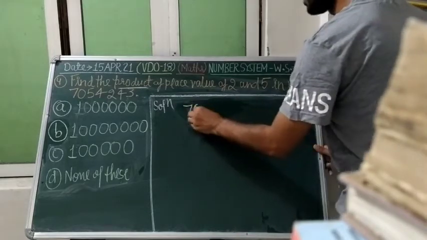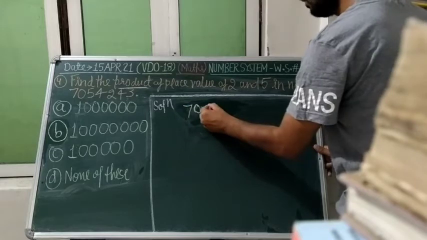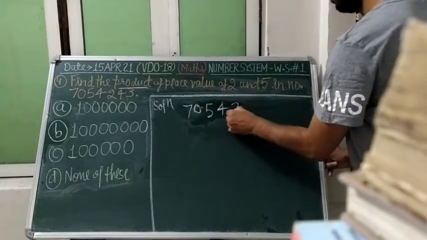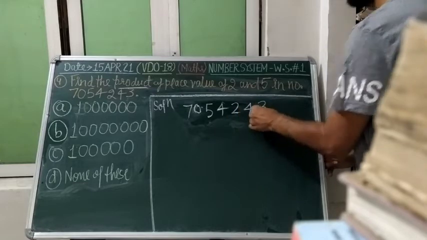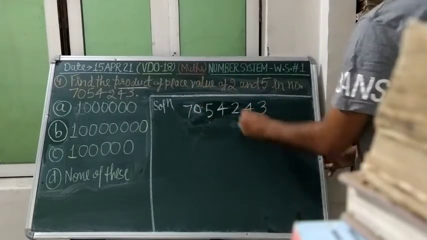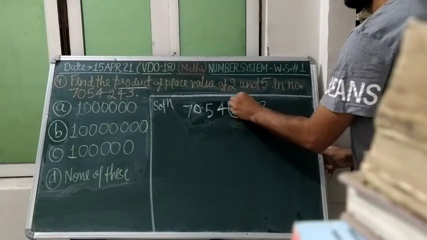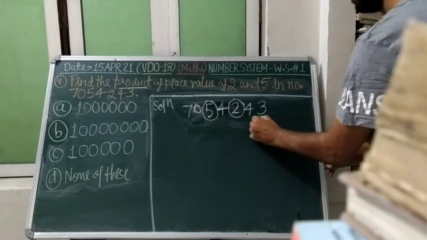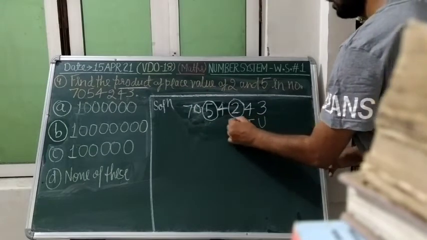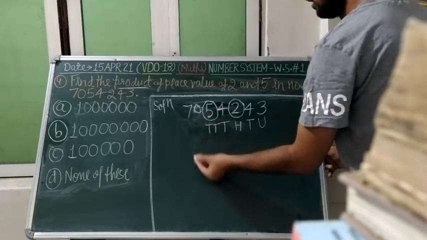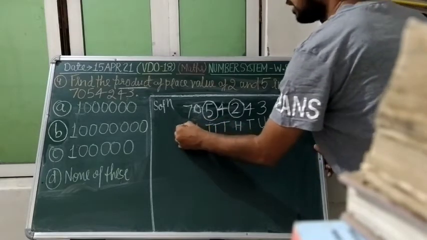The number is 7, 0, 5, 4, 2, 4, 3. We want to find the place values of this 2 and 5. So the way is: here is unit, 10, 100, 1000, 10,000, lakh, 10 lakh.